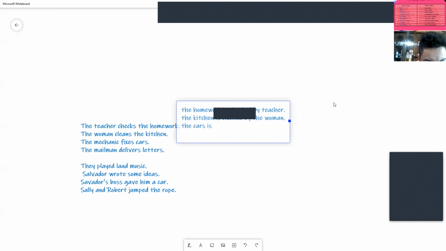Are cars singular or plural? Plural. So, is or are? Es are, ¿no? Okay. Ajá. Fixed. Yes, yes, yes. ¿Es fixed? Yes. Fixed.